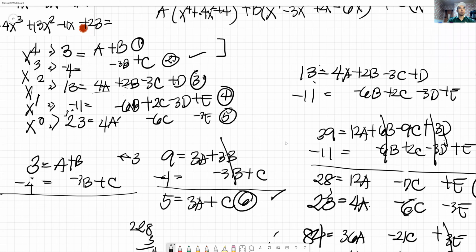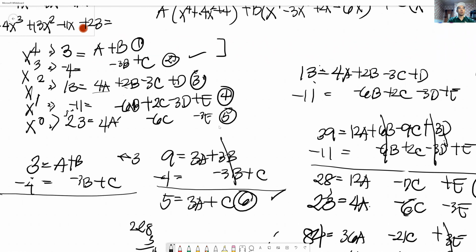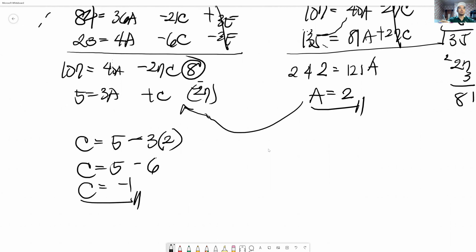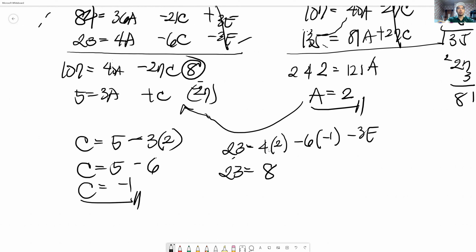If you can still recall, okay, so A, C, and E. So we can now solve for our E. To solve for our E, let's use that equation. So 23 is equal to 4 times our A, which is 2, minus 6 times our C, which is negative 1, minus 3 times E. So 23 is equal to 8, negative and negative becomes positive 6, minus 3E. 8 plus 6 is equal to 14.